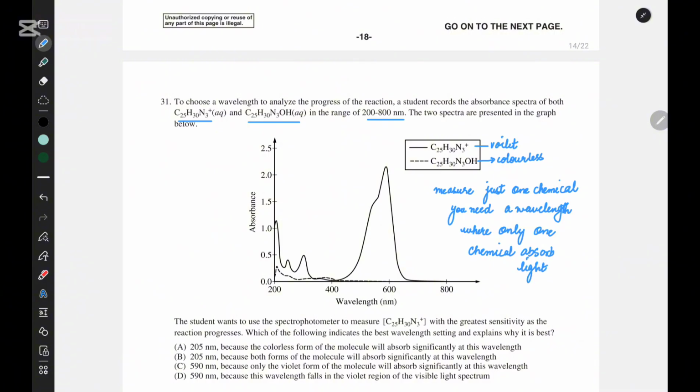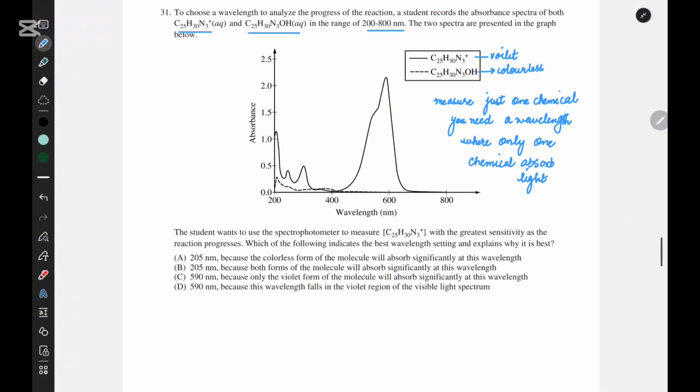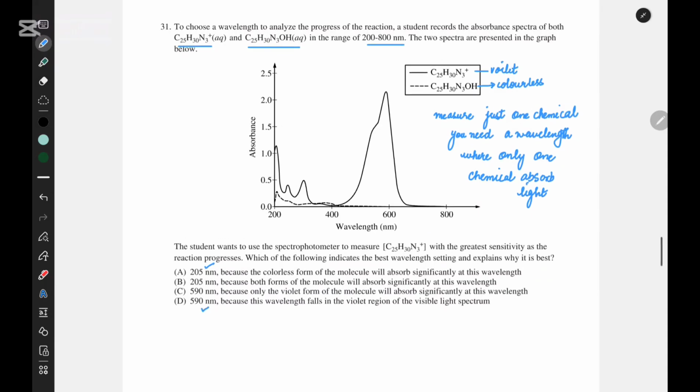So guys, you can see one thing here. We have two options in the question, 205 nanometer and 590 nanometer. In 205 nanometer, this is the region where you can see that there are basically two things falling here, because we can see the graph of two things, this one which is for colorless and this one which is for violet.